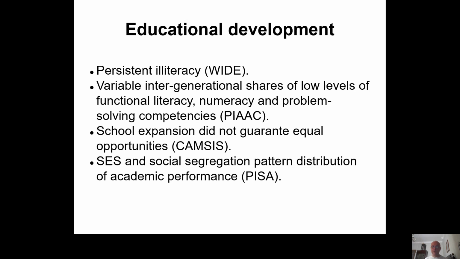We will visit the United Nations database, and we will also look at some stats of that. The OECD PIAAC, which is another survey of adult capabilities, has also shown how there are variable intergenerational shares of low levels of functional literacy, numeracy, and problem-solving competencies in Western Europe, North America, and Japan.